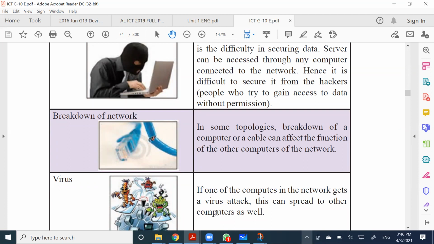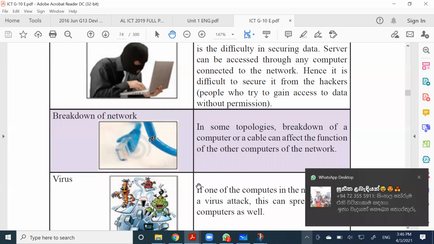And the third one, it's better you write this description for the third one. This is the third point.